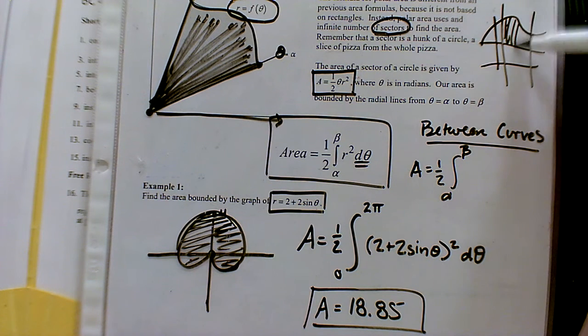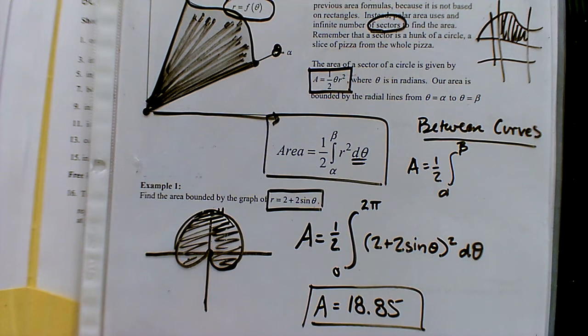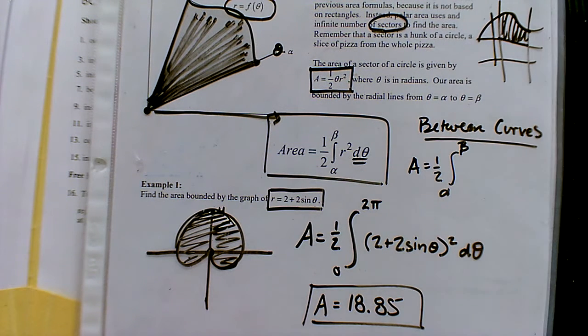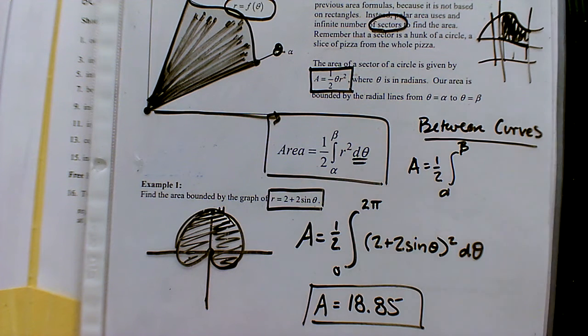For instance, if I wanted to find this area, we had to take the top function's area minus the bottom function's area, because the top function is technically all of this area to the x-axis, and if we subtract the bottom function, which is just this section, we'd be left with the area between them.